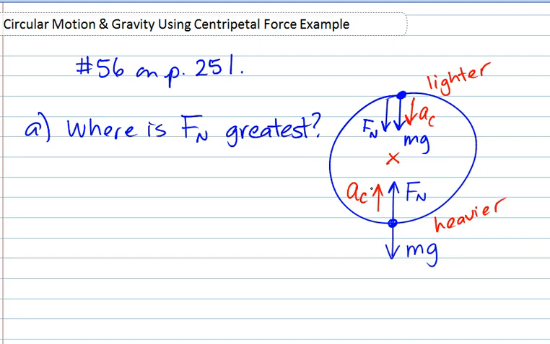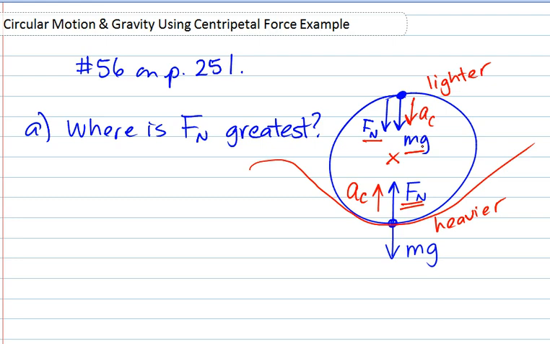So if this was just a part of a roller coaster, you'd feel heavier at the bottom. The reason is that the normal force has to push you towards the center of the circle, and it has to overcome gravity. At the top of the circle, by contrast, the normal force is getting help from gravity because they point the same direction.